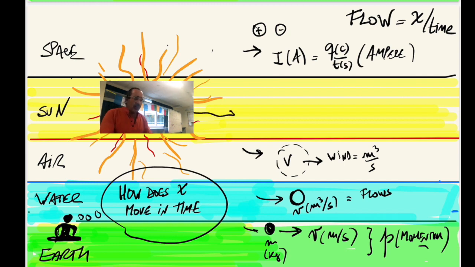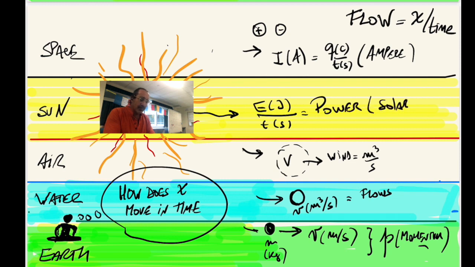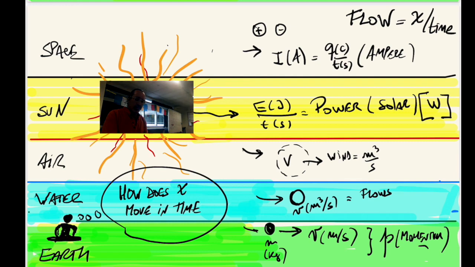And when we explore the motion of heat coming from the sun, we're looking at energy in joules coming from the sun in a certain amount of time. This is already the concept of power. In this case, it is solar power. That means the amount of heat that comes from the sun every second, and the unit for power is watts. So these are the concepts of motion in time.